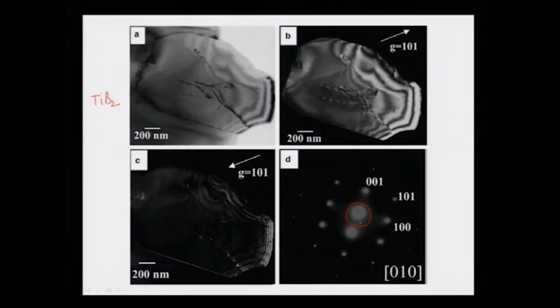That means this spot is formed by the forward scattered electrons which have passed directly through without undergoing any kind of diffraction. On the other hand, the electrons which have undergone scattering or diffraction can be seen like this. These are elastically scattered electrons which have led to the diffracted spots. Now, if I put my aperture only on the transmitted beam, as I said, I generate this image at the top left, which is known as the bright field image.